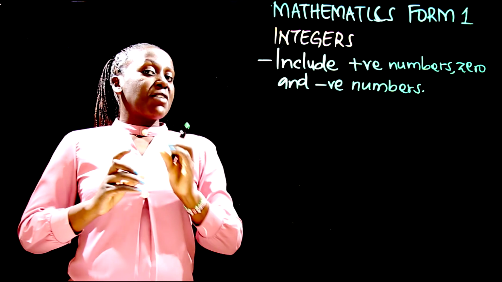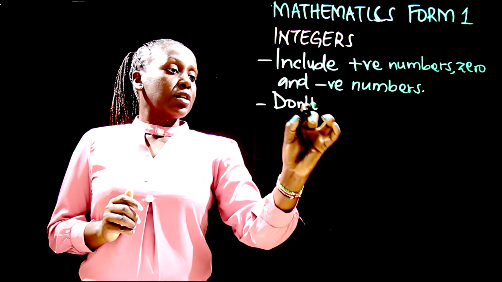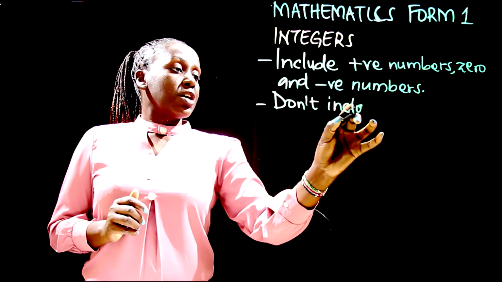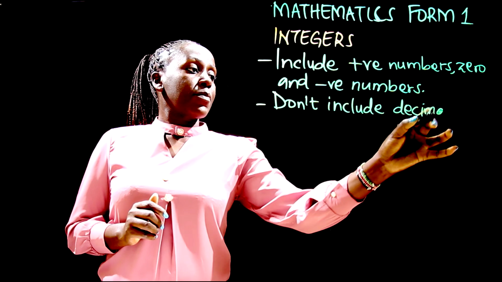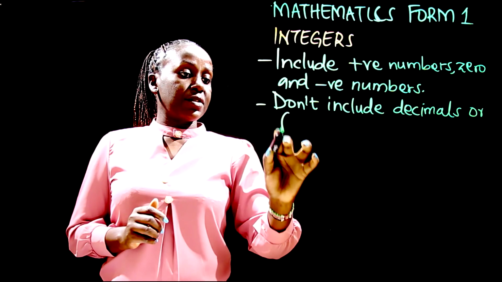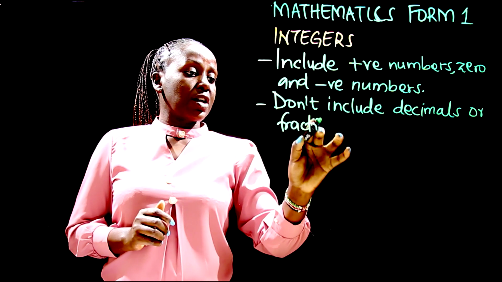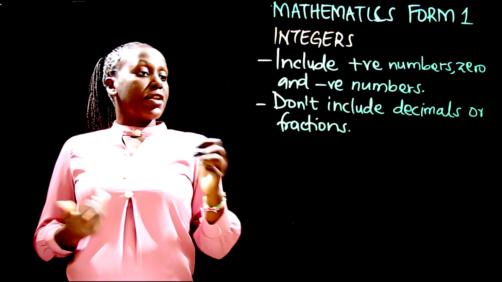So we do not have decimals, okay? So we don't include decimals or fractions. So integers are whole numbers that are either positive or negative.